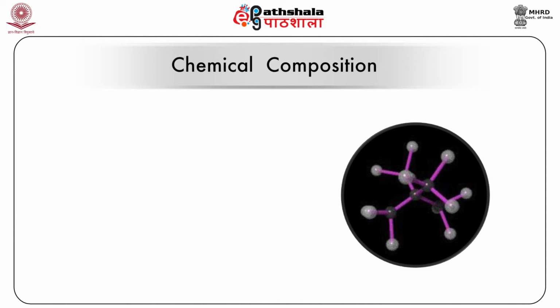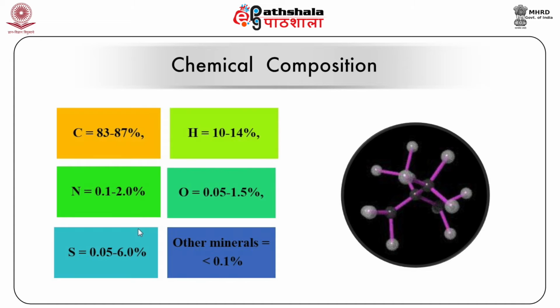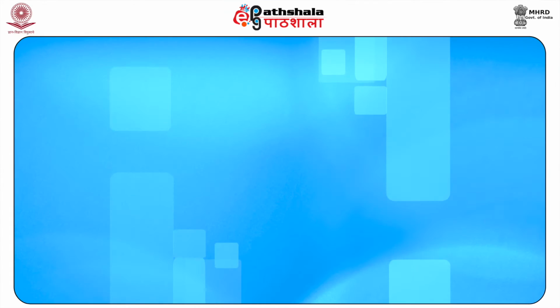Carbon is around 83 to 87%, hydrogen is 10 to 14% in the chemical composition, nitrogen is 0.1 to 2%, you can see it is in quite a small amount. Similarly, oxygen is in a small amount, 0.05 to 1.5%. Sulfur is also in very negligible amounts, 0.05 to 6%, and the other minerals or elements are even less than 0.1%.